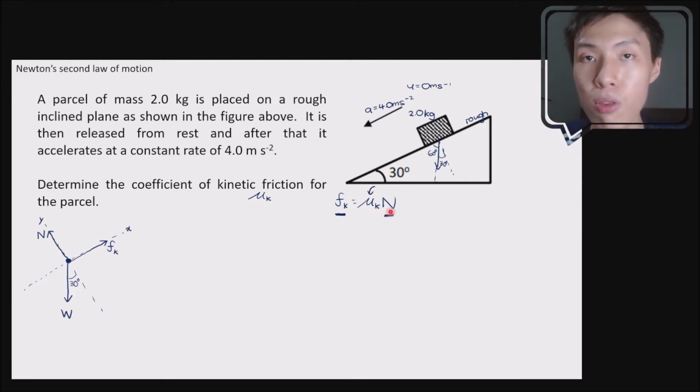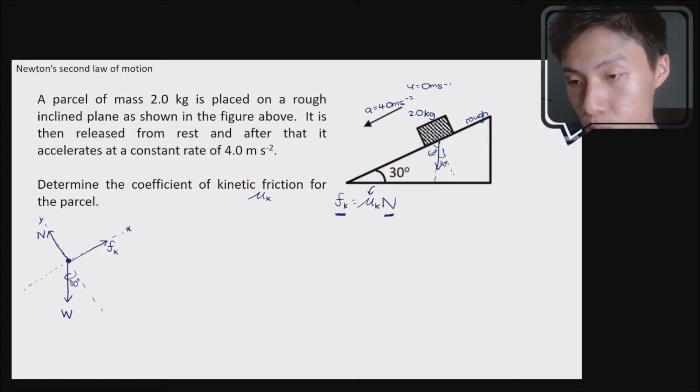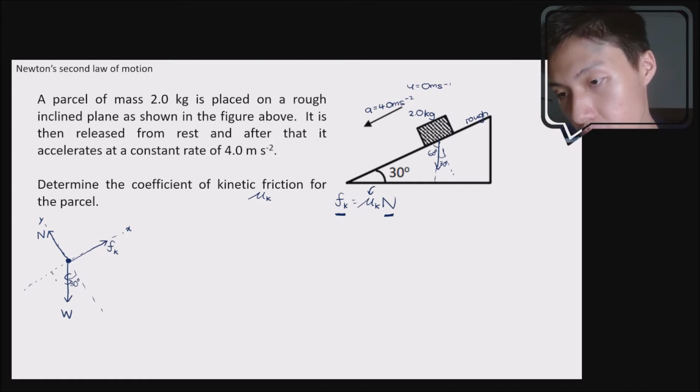Okay, but before we move on to the x and y dimension, we see that the weight over here is not lying on the x-axis, nor is it lying on the y-axis. So in this case, since it is at an angle in between the x and y axis, we have to resolve it. To resolve it, we break it into its x component, which is wx, and its y component, which is wy.